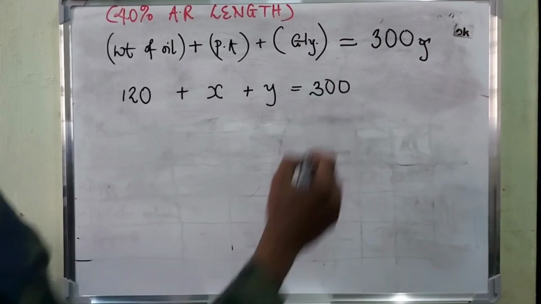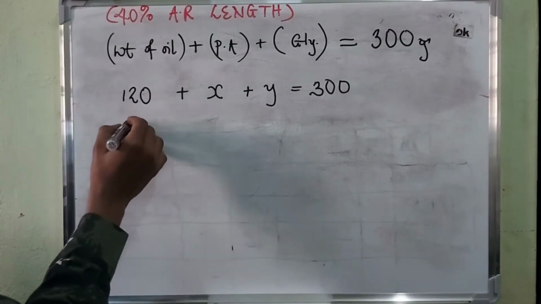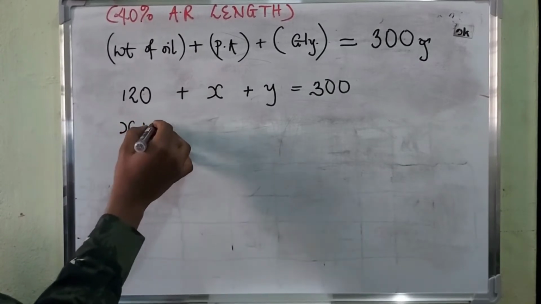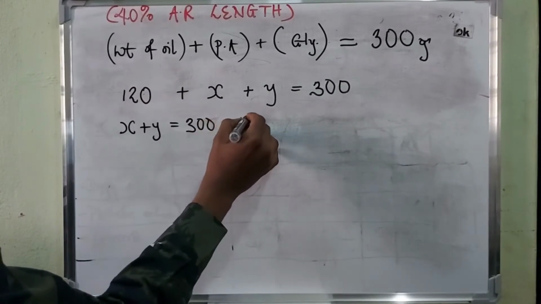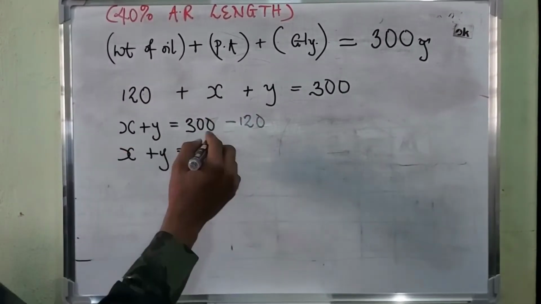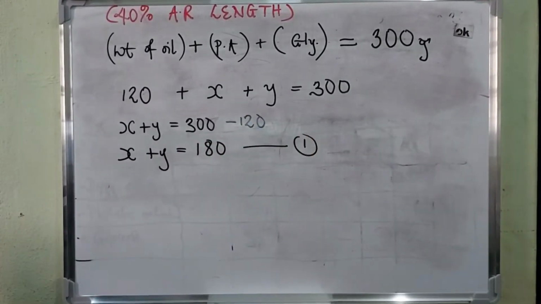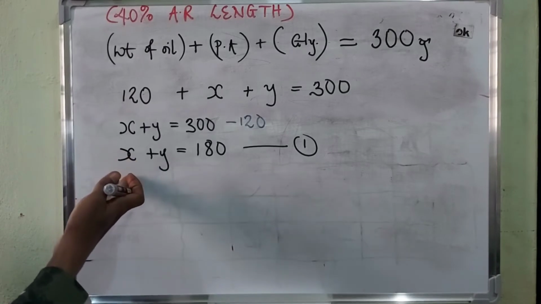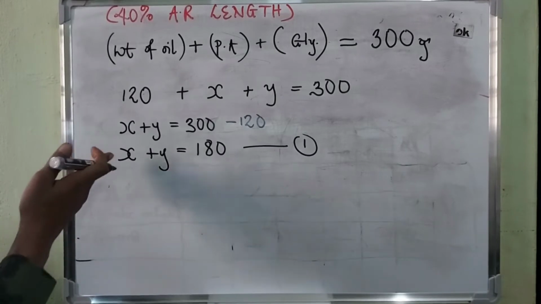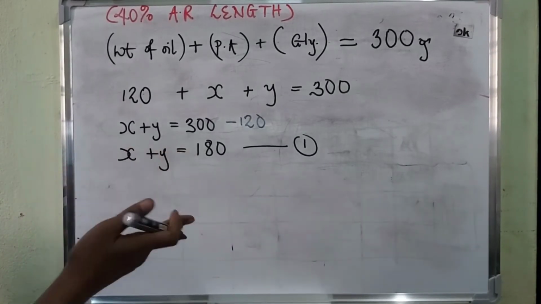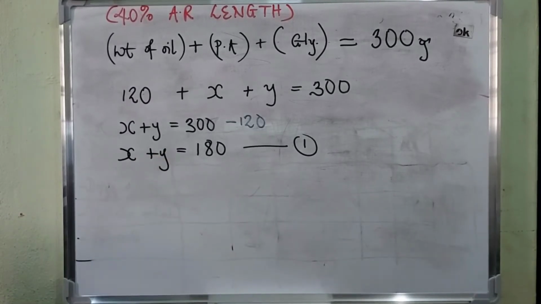So we have this equation which we can rearrange, so we can have X plus Y equals 300 minus 120. That's 180. So let's call this equation 1. This X stands for the weight of acid anhydride, benzene 1,2-dicarboxylic acid, that we'll get to weigh for the synthesis, and this stands for that of the glycerol.